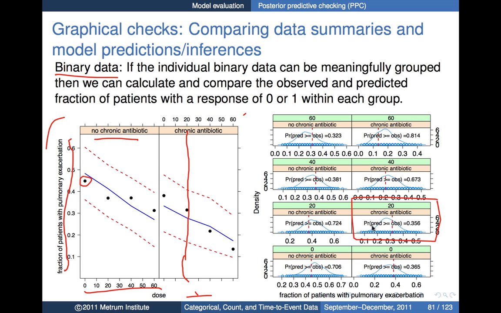The other thing I've done over here is calculate, as I mentioned before, this posterior predictive p-value. It's labeled here as the probability that the predicted value is greater than or equal to the observed value, and you get a value here of 0.356.